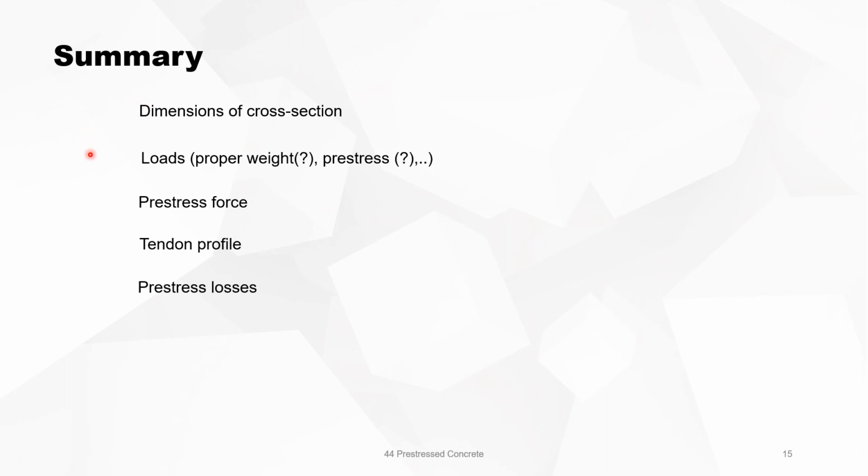In summary, for prestressed concrete, what you in fact do is, with an iterative process, you look at the dimensions of the cross sections, the loads, self weight, the prestress force, tendon profile, and prestress losses. All this takes place in an iterative process.